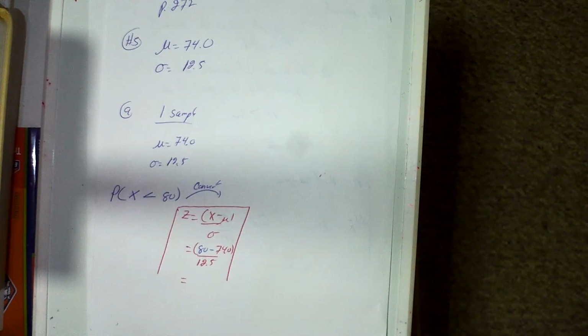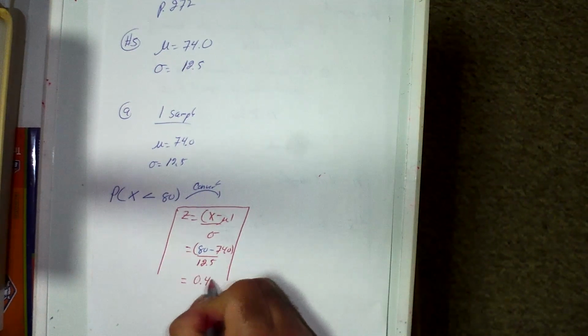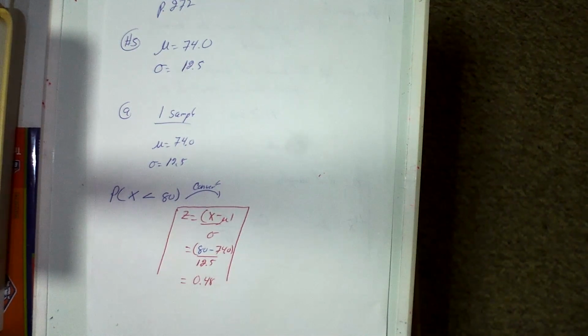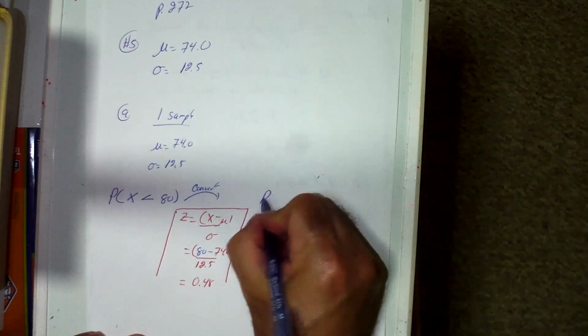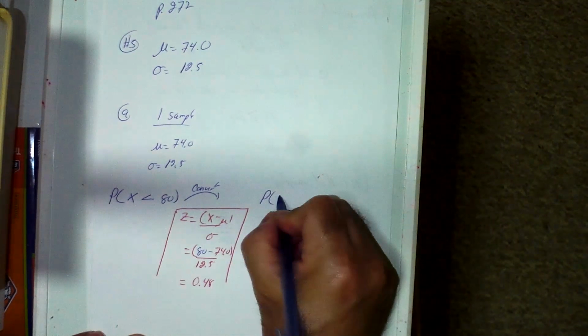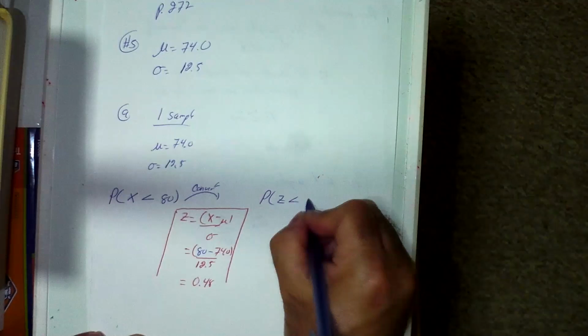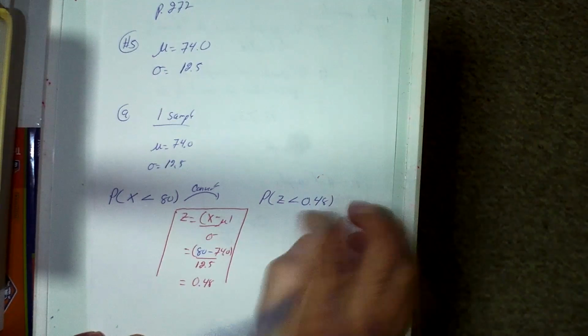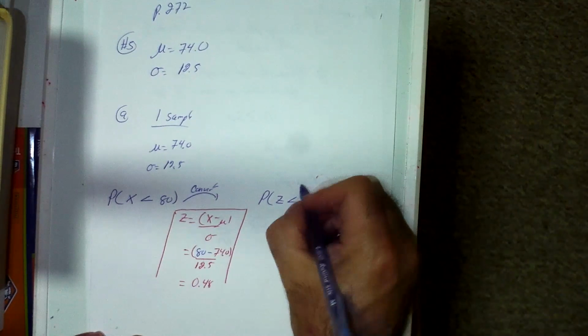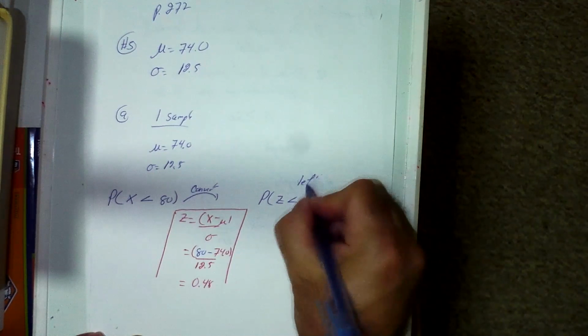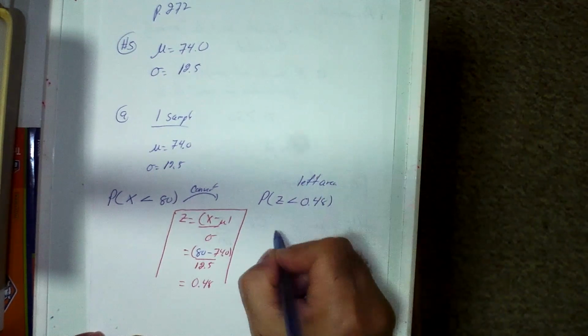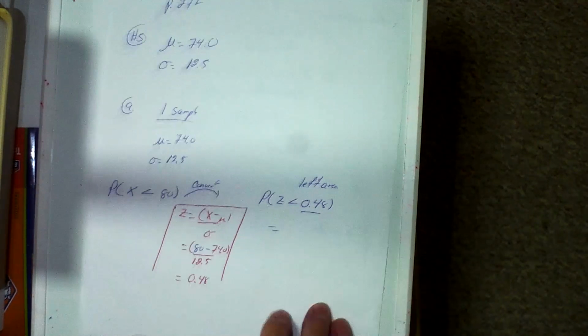80 minus 74, right? Divided by 12.5. All right, so I got 0.48. Right. Then we go and convert this to Z is less than 0.48. This is less than, so it's the left area. We plug in 0.48 into StatDisk.